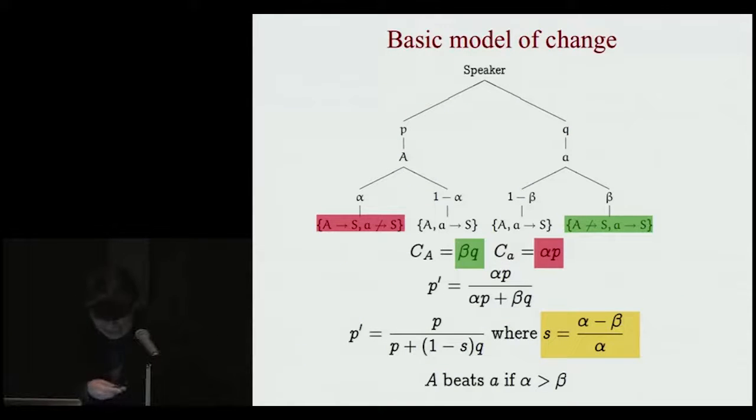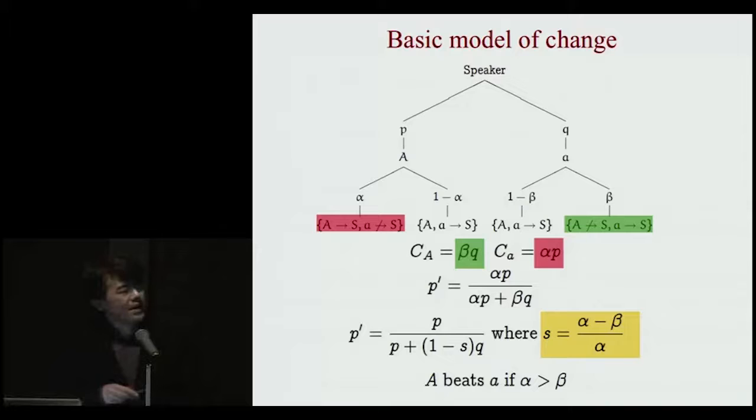Okay, so let's say you have one generation of speakers, and they are essentially bilingual. They have grammar big A with probability P, and small a with probability Q, and they talk. Okay, and let's assume that the two grammars are not necessarily mutually exclusive. Let's say they have something in common. There are some sentences that are mutually compatible. So English and German SVO sentences are fine for both, right?